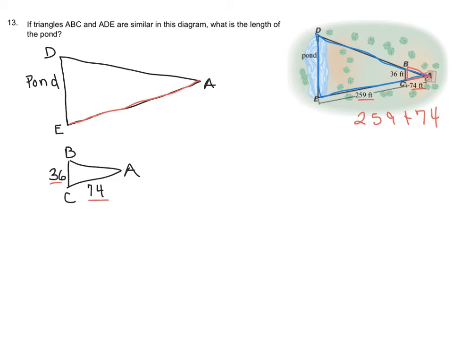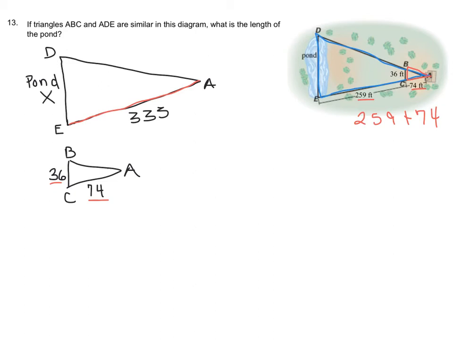And 259 plus 74 gives us a value of 333. So the length of AE is 333. We're asked to find the length of ED, which is the length of the pond. And I don't know this length, so I'm going to label this X.